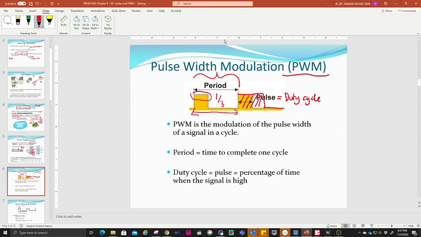This is half of the PWM, so the percentage is around 50%. This one is around 33.3%. So those are the terms that you need to understand: what is the period, what is the duty cycle, which is the pulse, and how do you calculate the duty cycle. Okay, let's move on.